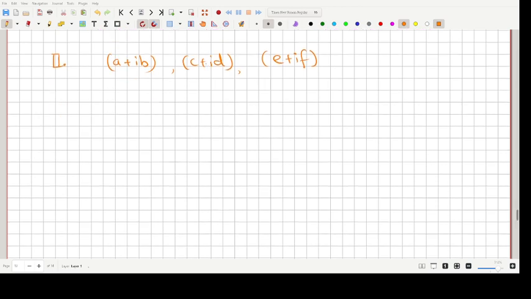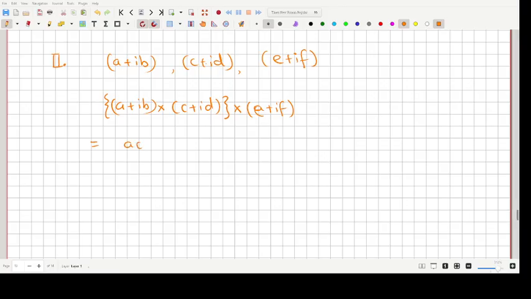Okay, so for the associative property, we first do a plus ib multiplied by c plus id, right? Again, we can replace the star by multiplication over here, and this is operated along with e plus if, right? Again, we can replace the star by the multiplication symbol here.